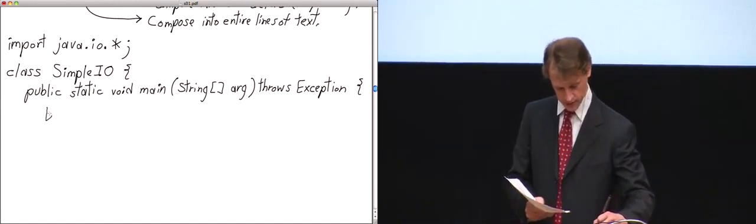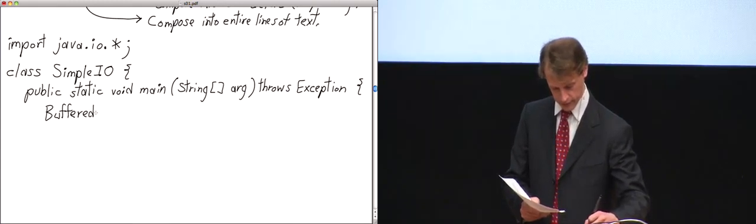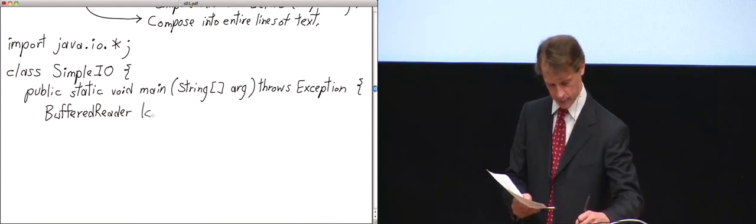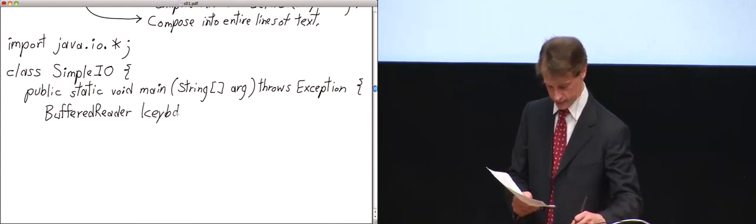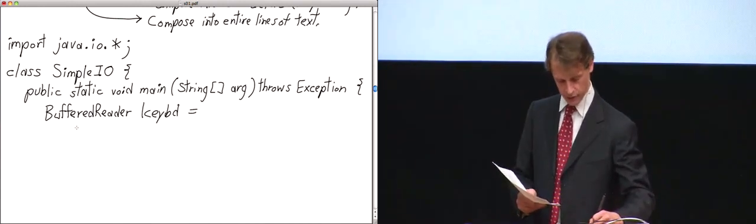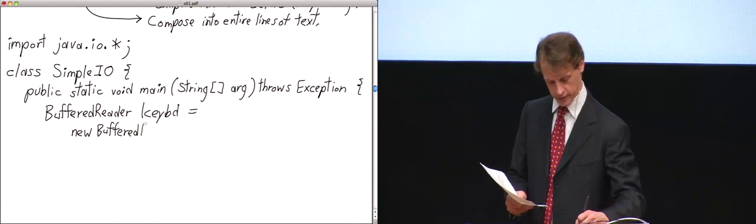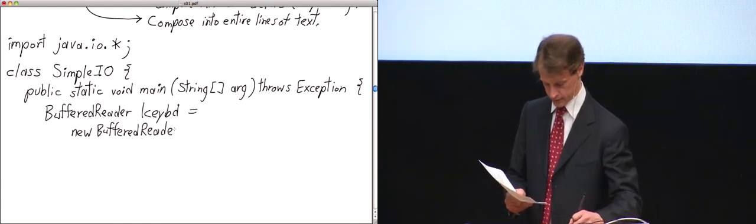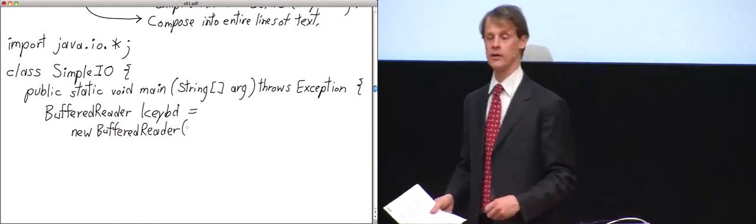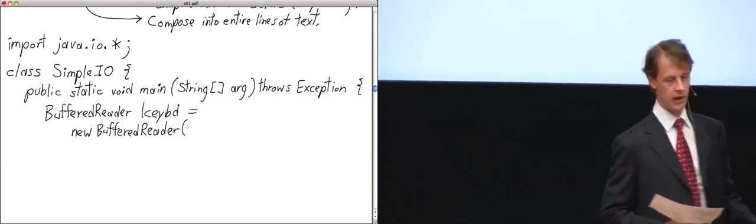The first thing I'm going to do is declare a variable that I can use to store a buffered reader, and I'm going to call it keyboard. I'm going to assign it a brand new buffered reader object by calling the buffered reader constructor. In order to construct a buffered reader, I need an input stream reader to call it on.